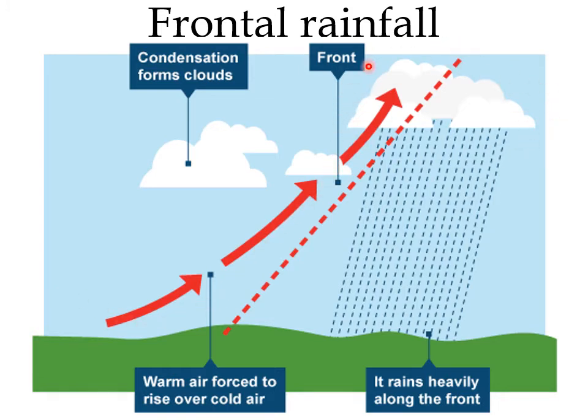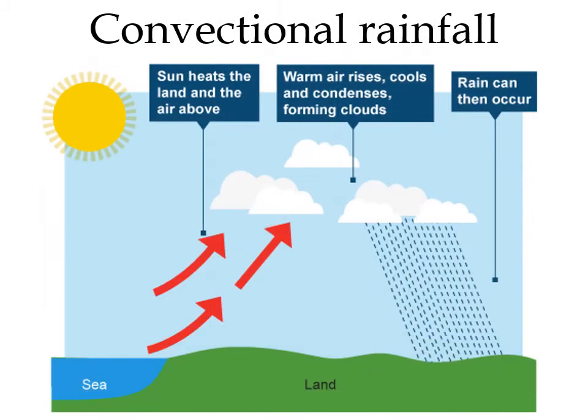So the clouds get colder, they condense, and it rains. Or it can be simply because of the heat from the sun. The air gets hotter and goes up. Because the hotter air goes up, the clouds condense and it rains as always.